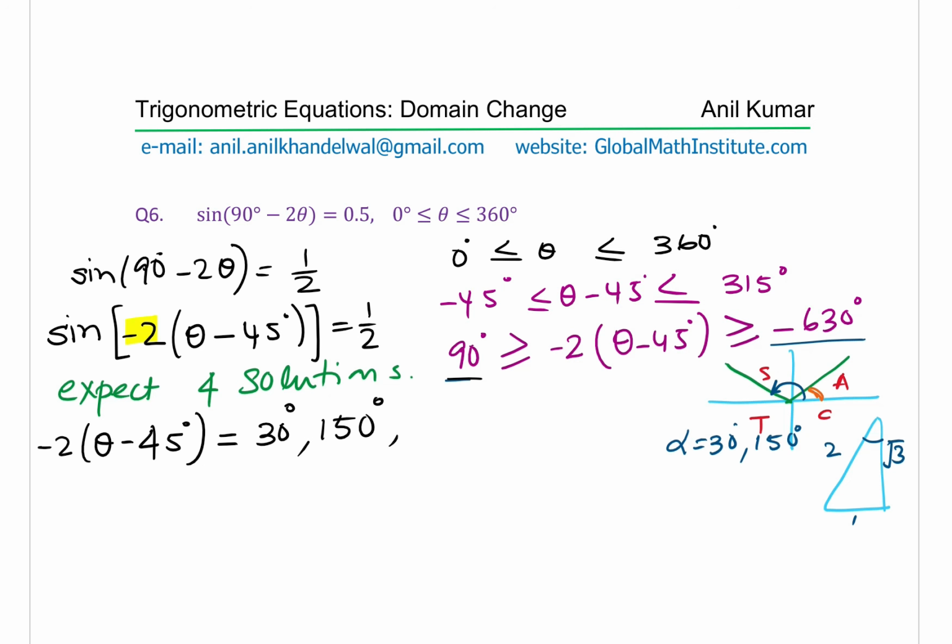So when I add 360 to 30, it becomes 390 degrees. And when I add 360 to 150, it becomes 510 degrees, correct? So what we did here was, to these values, we added 360 to get the next cycle. Perfect?